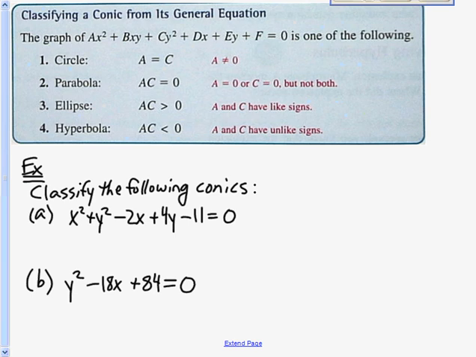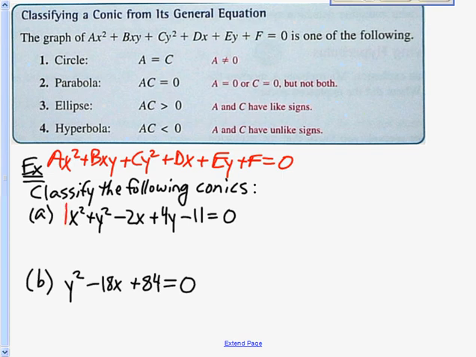Okay, so what we need to do is identify our A, B, C, D, E, and F. So remember, this is Ax² plus Bxy plus Cy² plus Dx plus Ey plus F equals 0. I'm just rewriting this general form here. So let's identify, first of all, A. You see how A is 1.